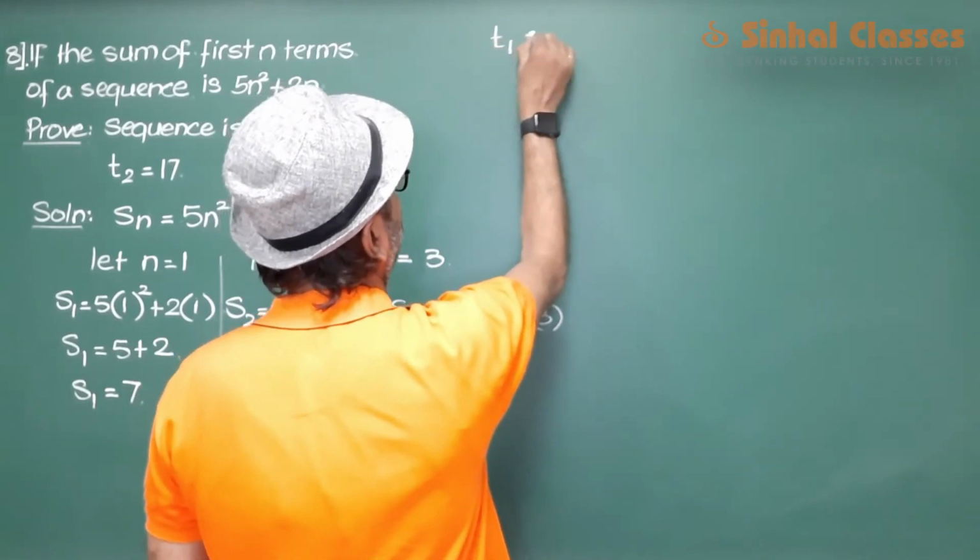Shift 2 on this side. 500 minus 2 and divided by 2 is n minus 1. So this is 498 upon 2 is equal to n minus 1.